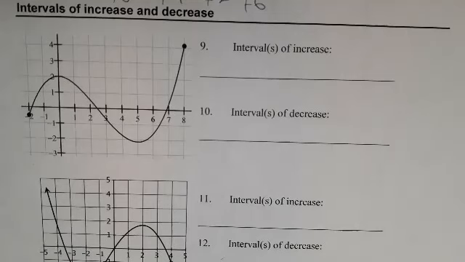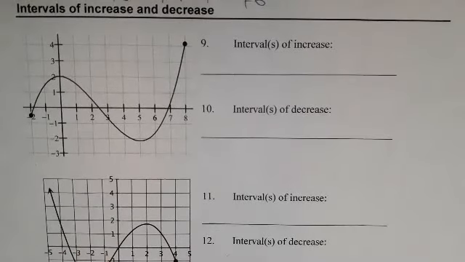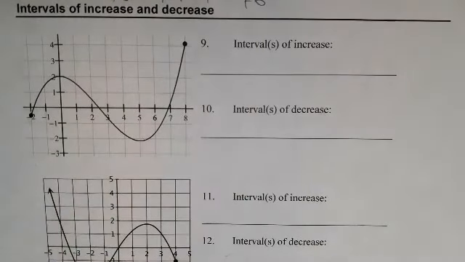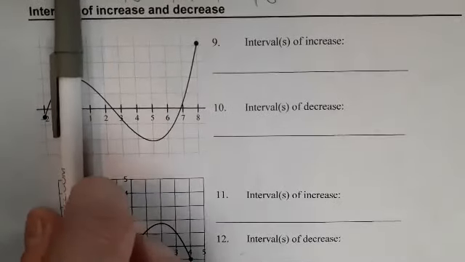So for intervals of increase and decrease, we're talking about where the y quantity increases or decreases. So my word of advice is, we just want to talk about where it goes up or down, increase or decrease. For the most part, we're not even going to look at the y-axis.